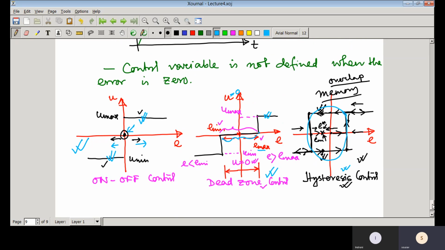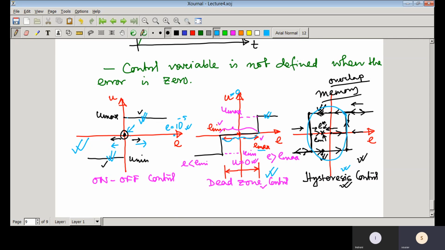In case of on-off control, you can see here, if a little bit of error occurs, say suppose the error is very small, say 10 to the power -5, even if that error is very small, the control input immediately jumps to U max.